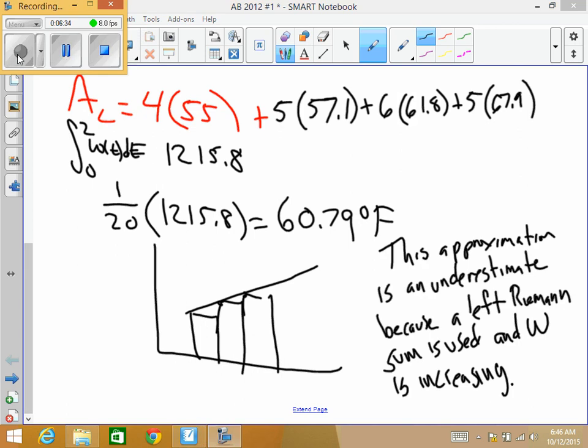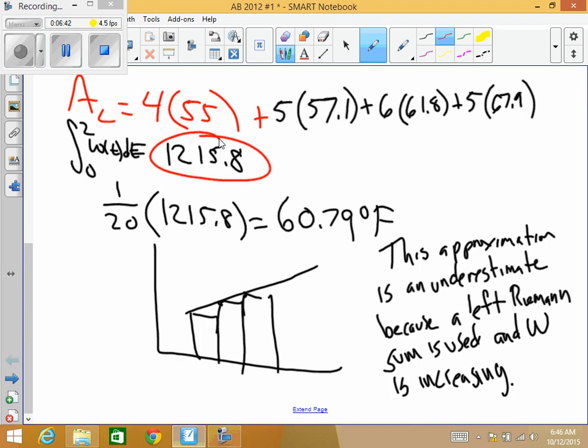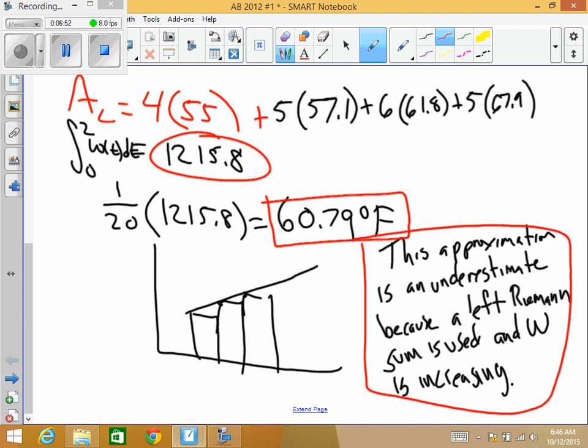Total points for this problem were 3. You got a point for the correct left Riemann sum. You got a point for your approximation. And you get a point for your underestimate with reason. I apologize, I forgot to say where the points came from on part A and part B. On part A, the points were 2.